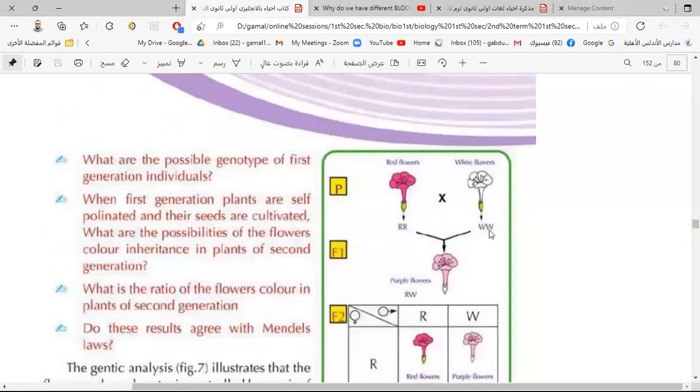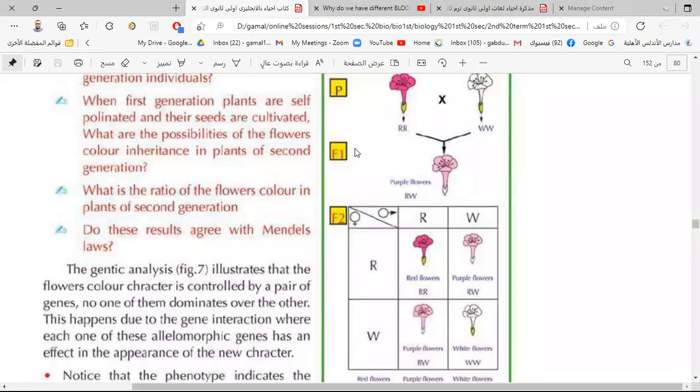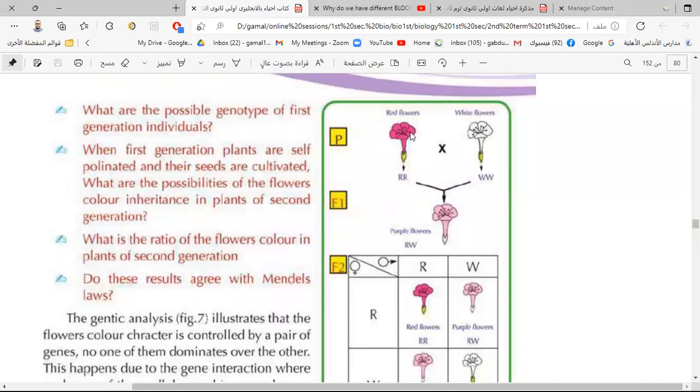With the other trait, W capital, which is white flower. And when we have F1, which has two different genes, R capital and W capital, the new plant will carry a completely new trait, which is pink flower, or purple flower.